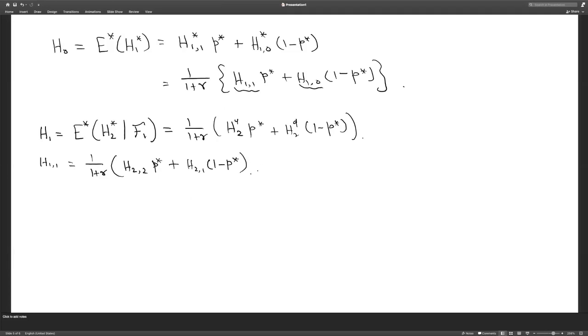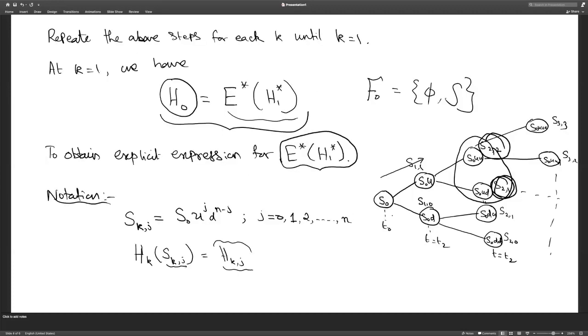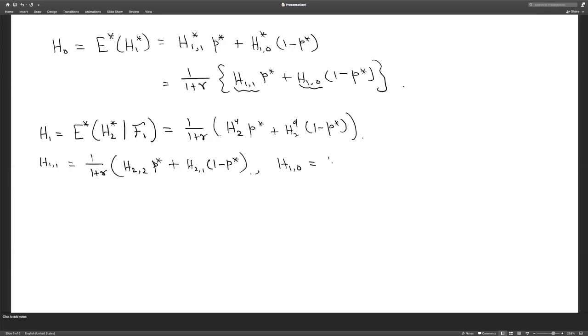And similarly, H10 means you have gone down in the first time level, and therefore you have these two possibilities. When you have used S21, it means the stock went up, therefore you have H21 P star.